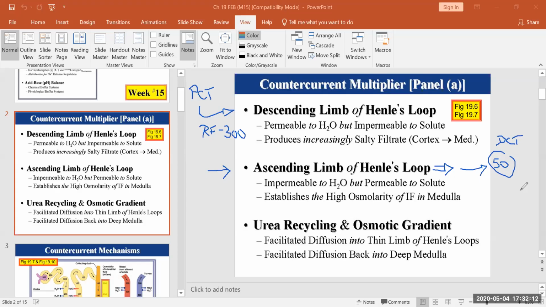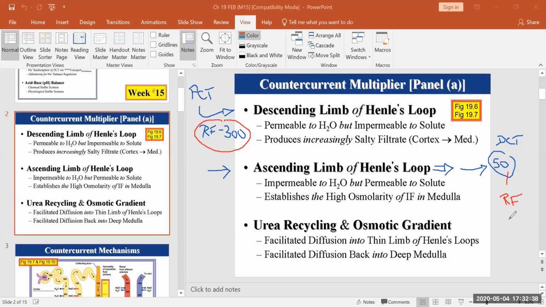As you can see, at the beginning when it's leaving the proximal convoluted tubule, the renal filtrate has 300 milliosmol. And by the time it gets to the DCT, that renal filtrate can be down to 50 milliosmol. And when it becomes urine, we're talking of dilute urine, right?